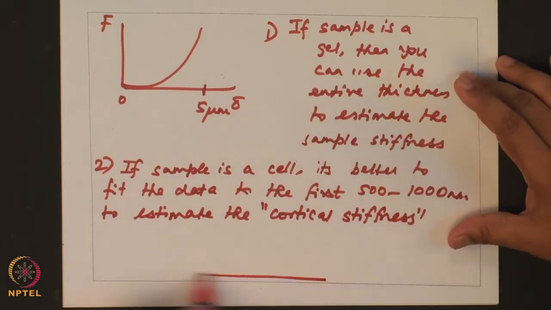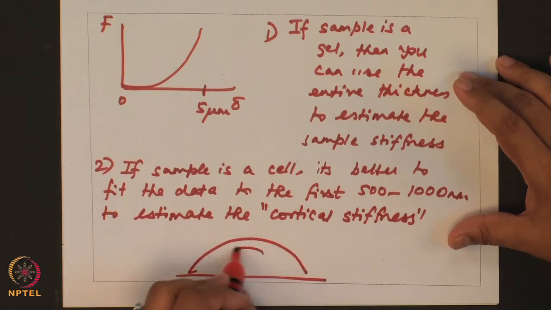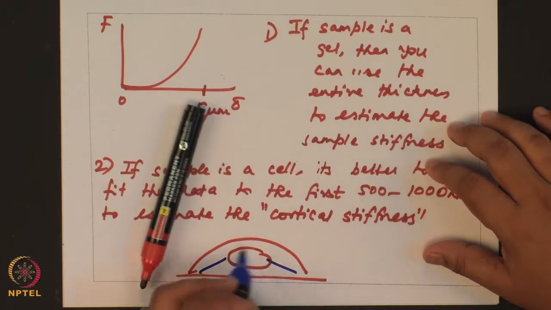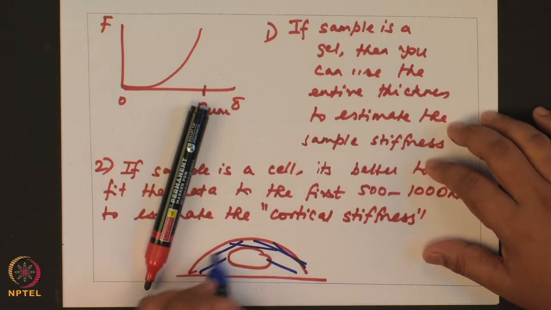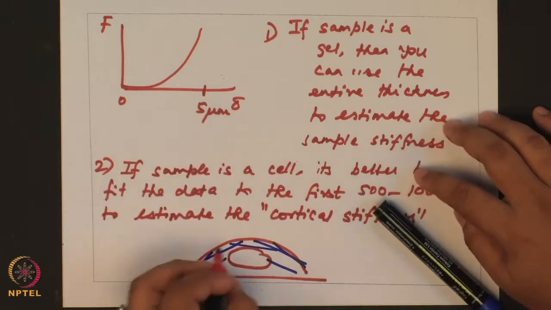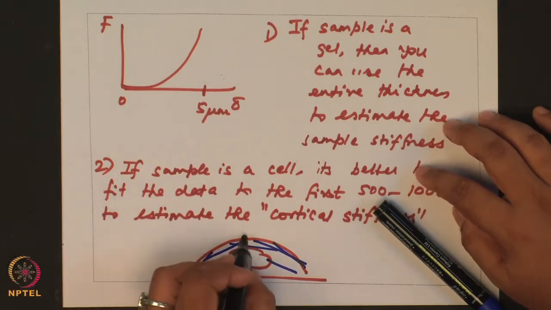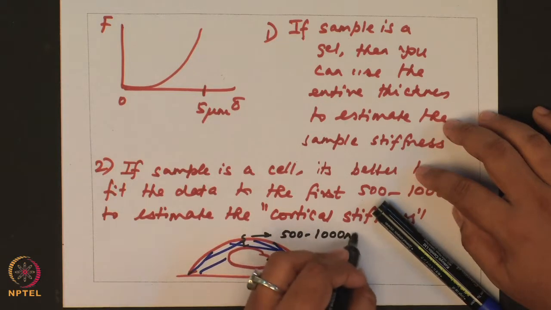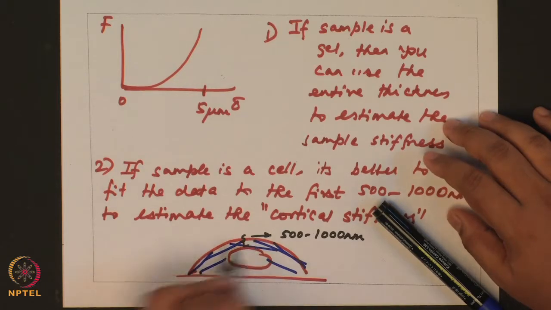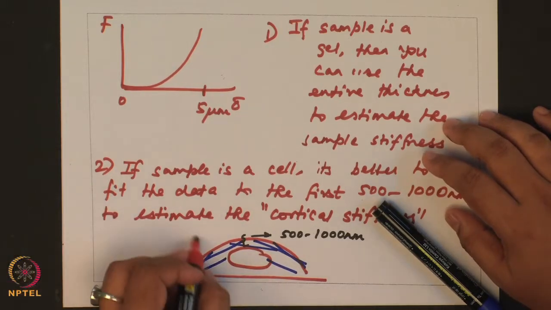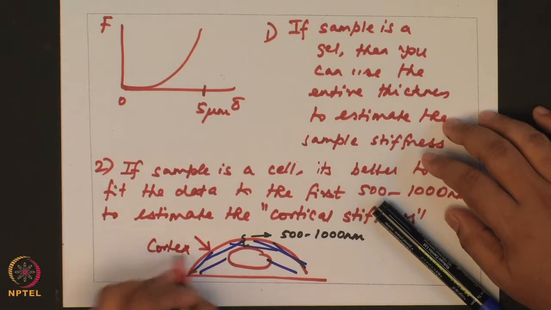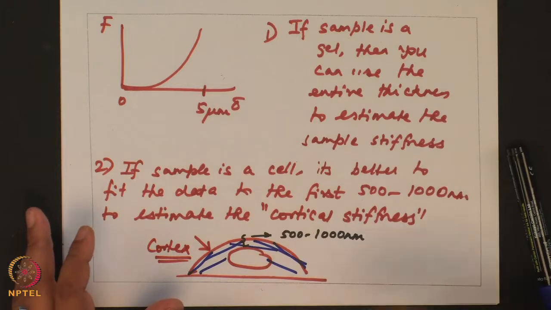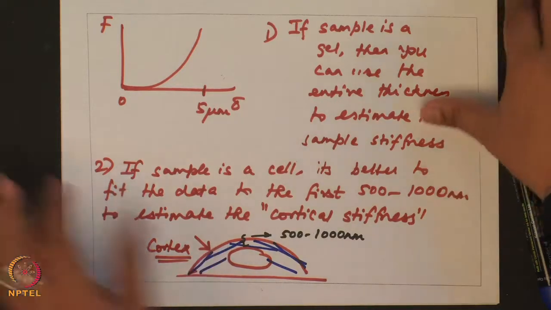In other words, if I think of the cell, I have these stress fibers, but I am only fitting the first 500 to 1000 nanometers. So, you want to estimate the stiffness of the cortex. So, this is your cortex, and then you can probe what is happening to the cell stiffness.